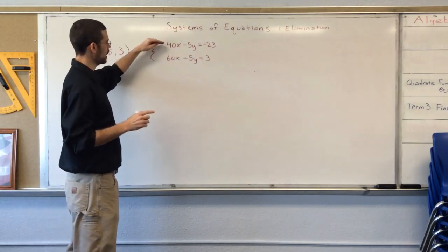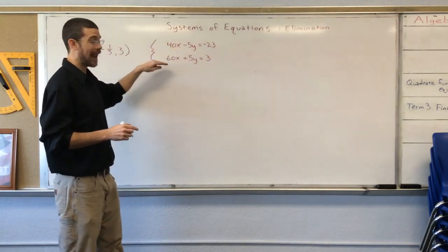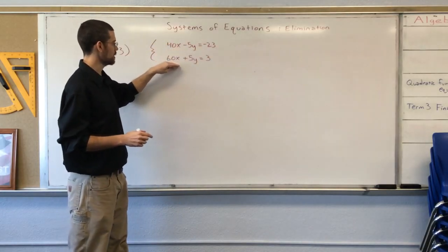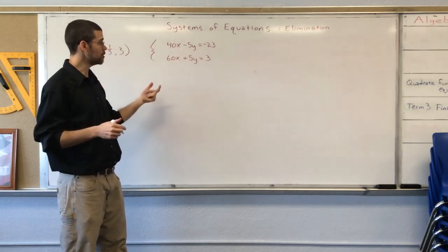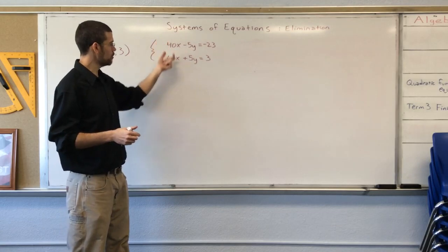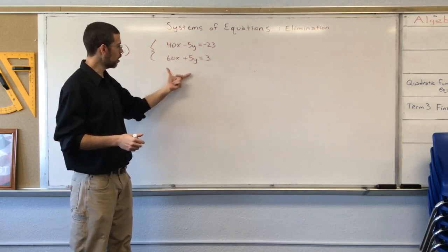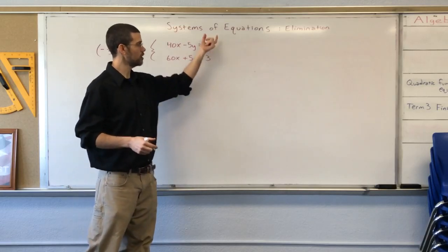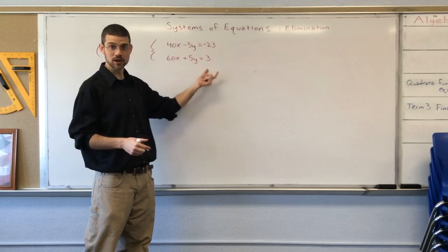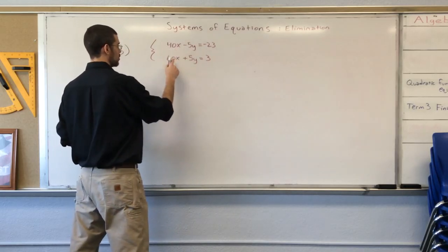If it is true that 40x minus 5y equals negative 23, and it is true that 60x plus 5y equals 3, then I should be able to add all of these x's, all of these y's on the left side of the equation, and that should be equal to all of these constants plus all of these constants, okay? So let's do that. We'll add these.